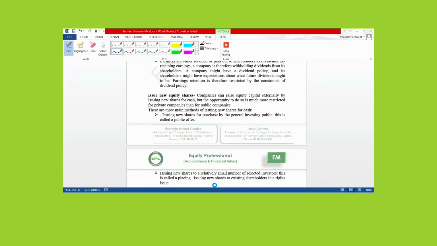For a public offer, your company must be publicly quoted. Only publicly quoted companies are allowed to do public offer. Private companies cannot issue shares to the general public.